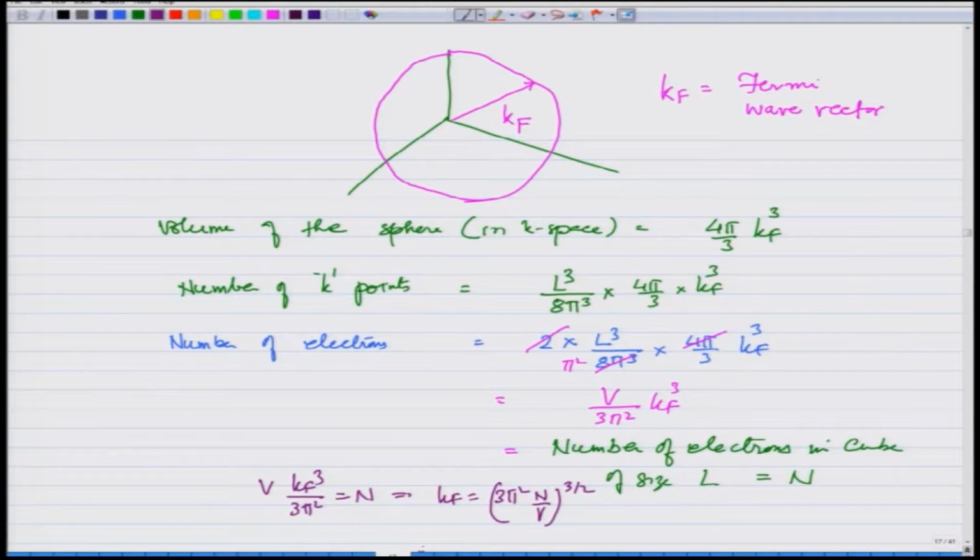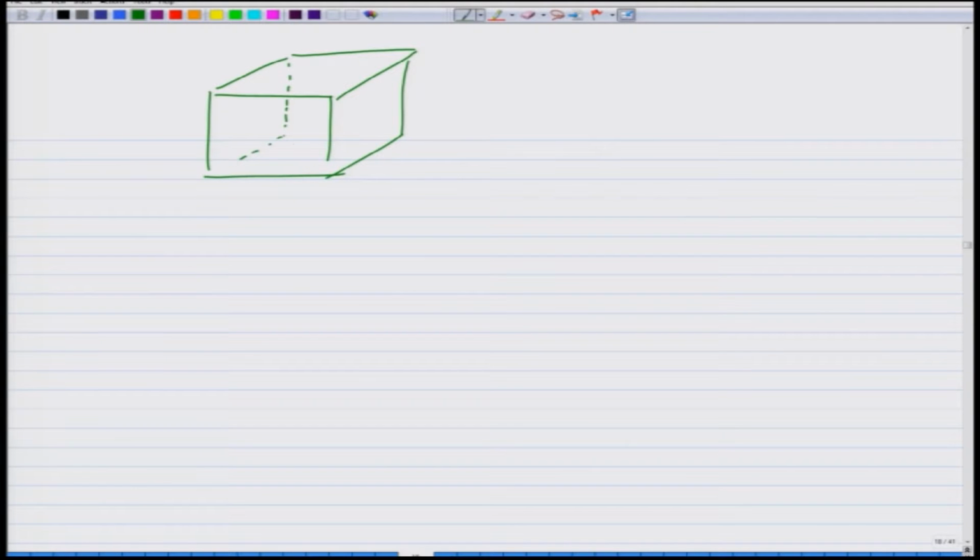Let me show this pictorially. So, I have box normalized over this cube of size L, and then it keeps repeating and so on.